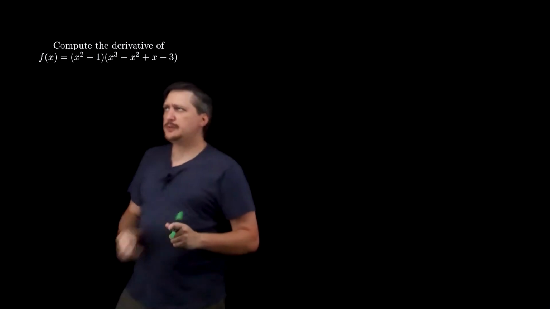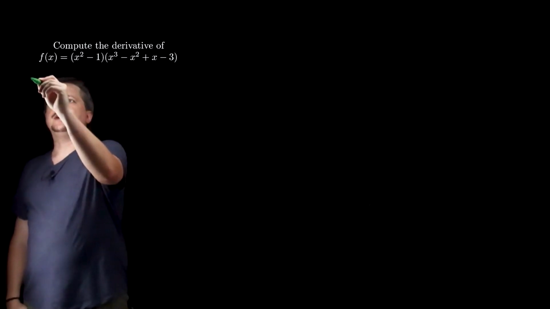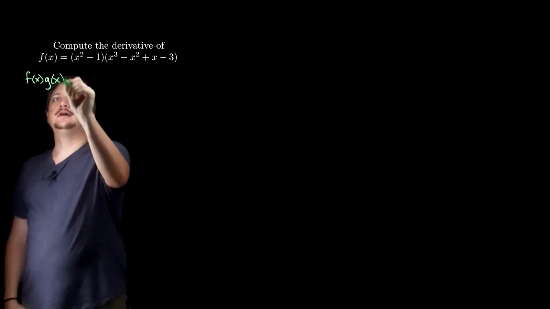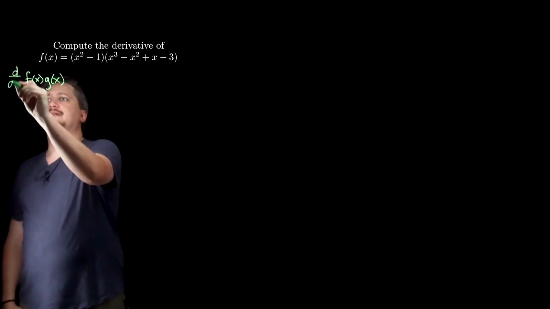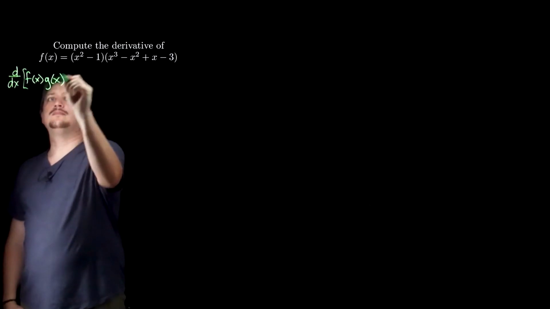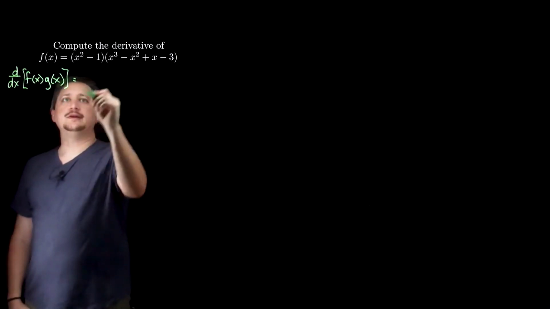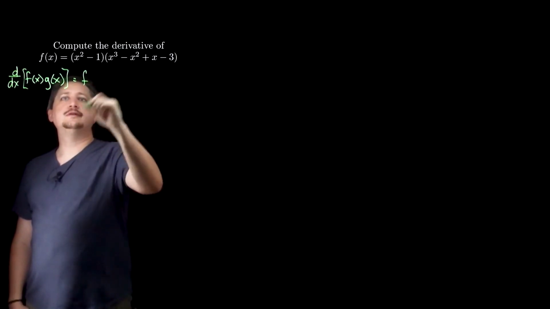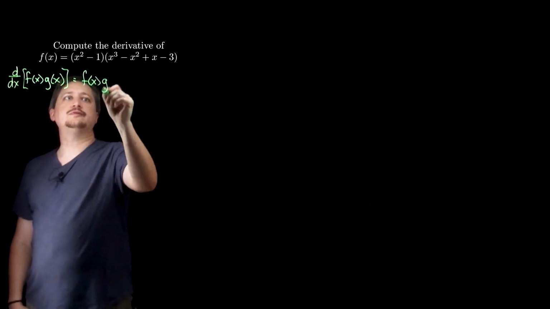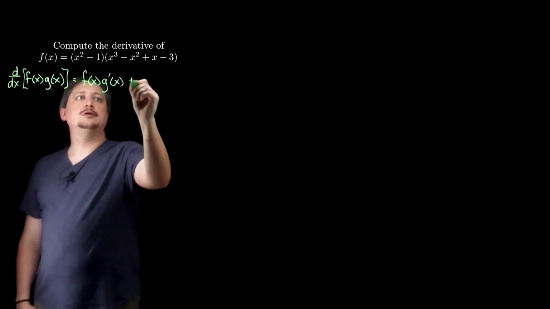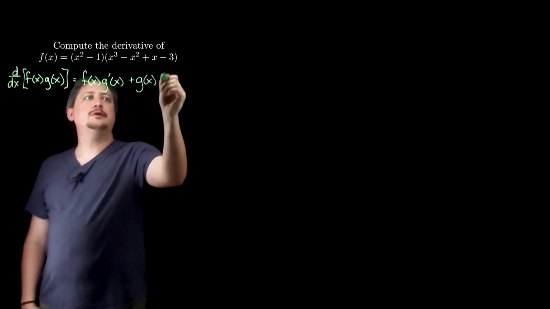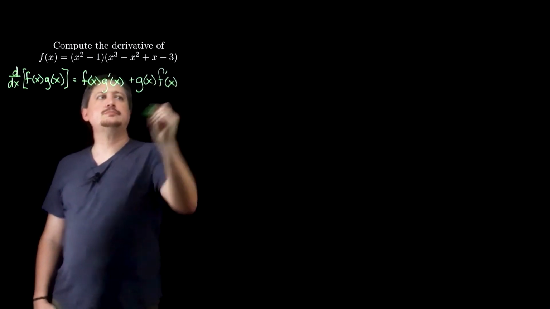So remember, the product rule says that if we have some f of x, g of x, and we want the derivative of both of these things, then that's going to be the first times the derivative of the second plus the second times the derivative of the first.